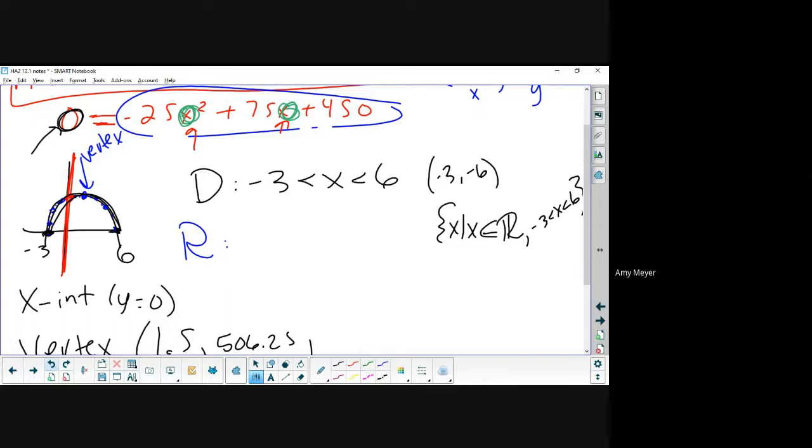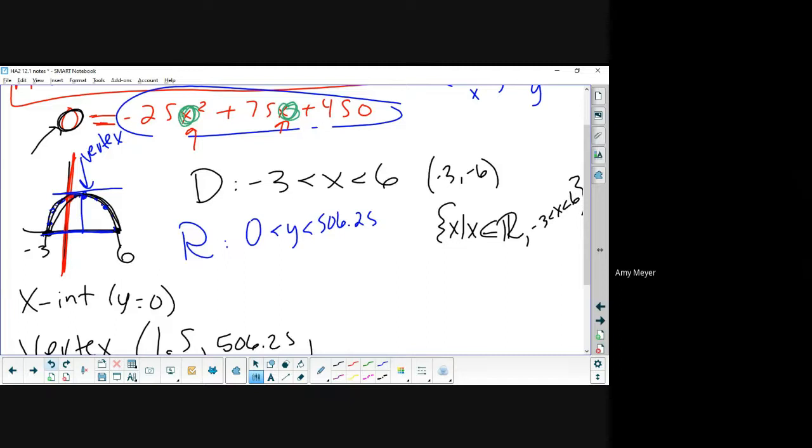Range is amount earned. So the lowest is 0. The highest was 506.25. From here up to here. Can I include 0? Will I be making money at $0? No. How about 506.25?